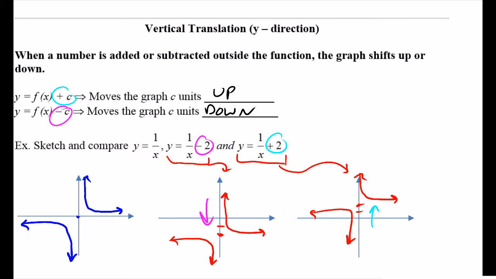So, as a little tiny review, if I have a function and my x is being acted upon by a number, some number, whatever it is, then that means that I'm going to be doing a horizontal shift.